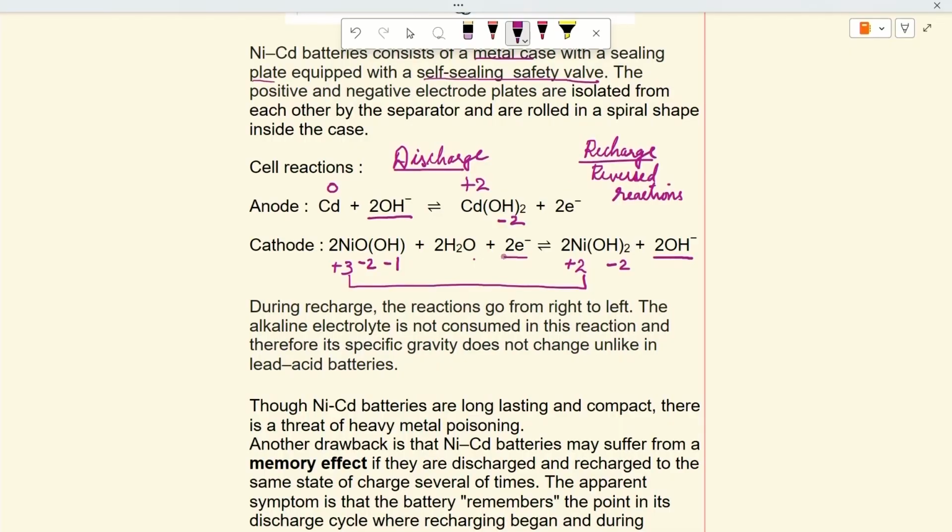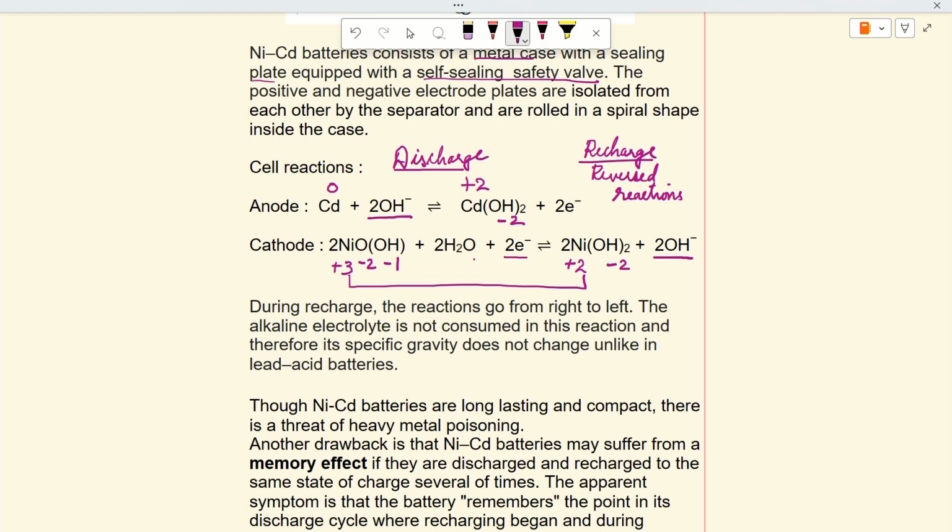And we have the cell ready for deriving the energy from that. During recharge, reactions go from right to left, and during charging we have these in the opposite direction.